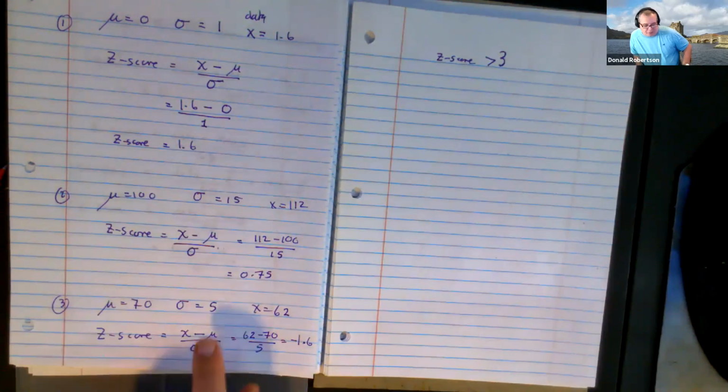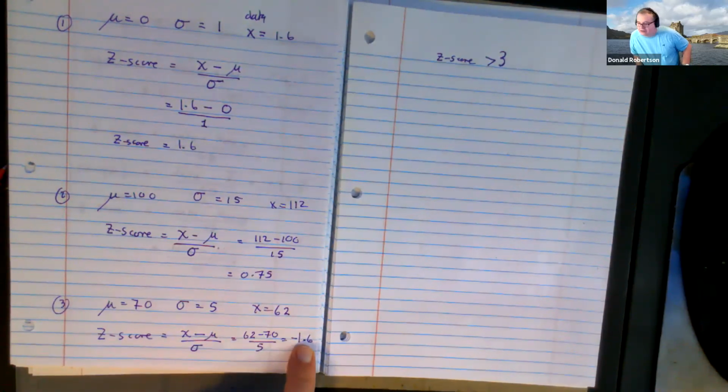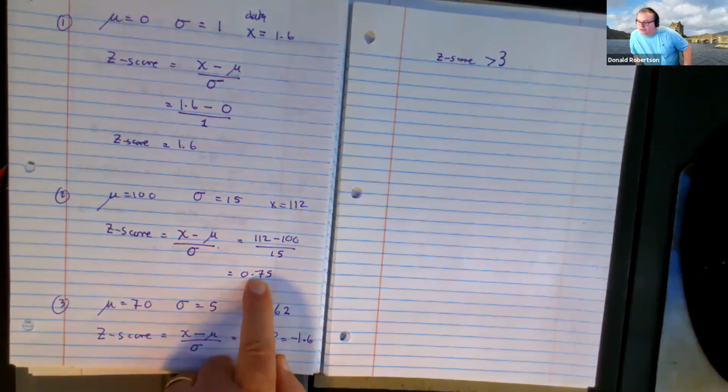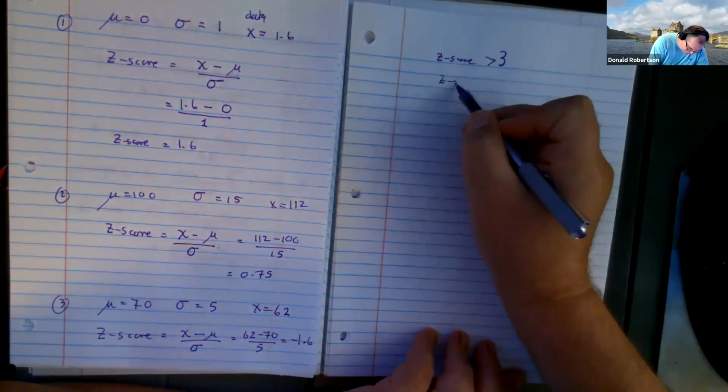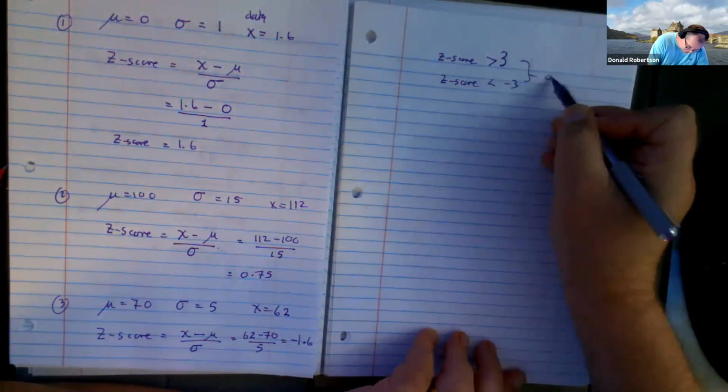Z-score is how many standard deviations you are away from the mean. So that's about 1.6 standard deviations away from the mean. And this one is just 1.6 less, but it's still away from the mean. This one's only about 3/4 of a standard deviation away from the mean. So if the z-score is, I guess it also goes the other way, doesn't it? If you're less than -3, you're an outlier.